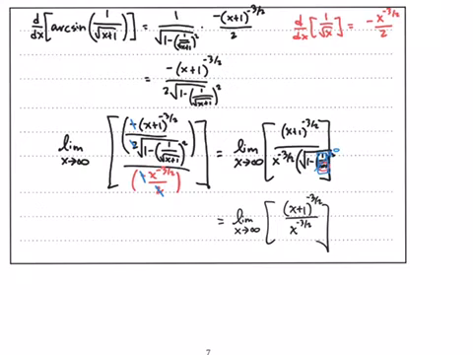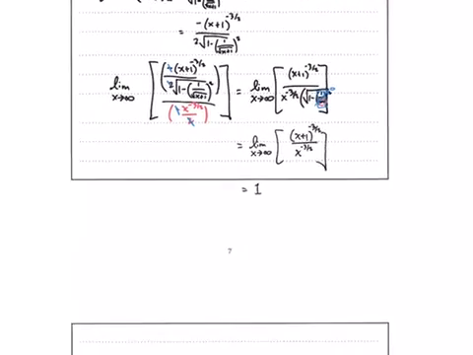All right, and that's probably not the greatest notation. That's going to end up going to 1. Okay, you could use a number of different comparisons with that. However, that will end up going to 1 because the leading term will be x to the negative 3 halves. Okay, so using L'Hopital's rule, we've now found that that will go to 1. I'm guessing we're going to use that in a minute here.